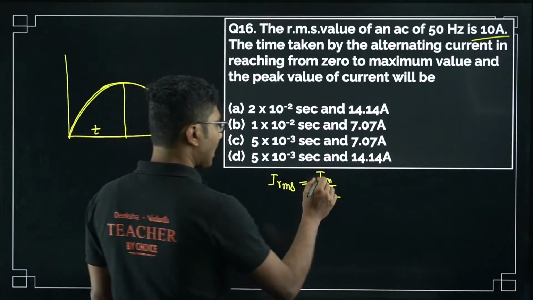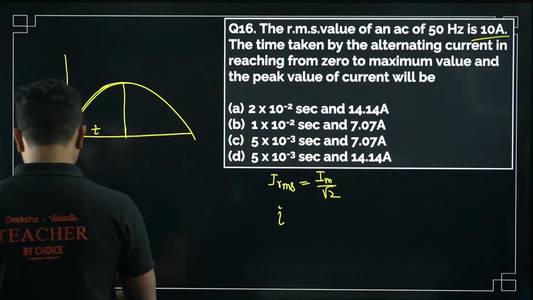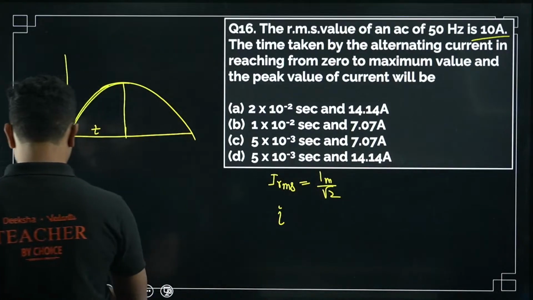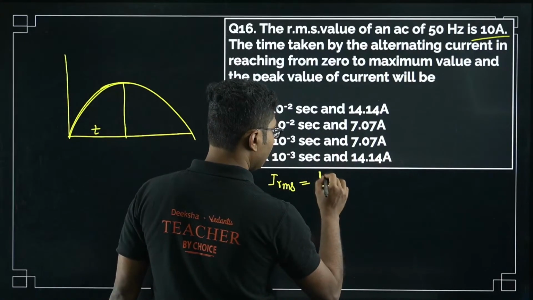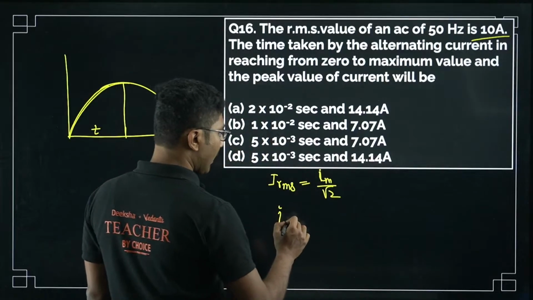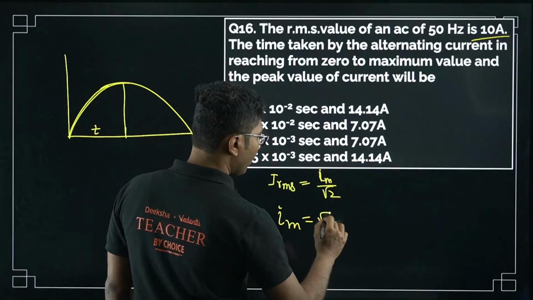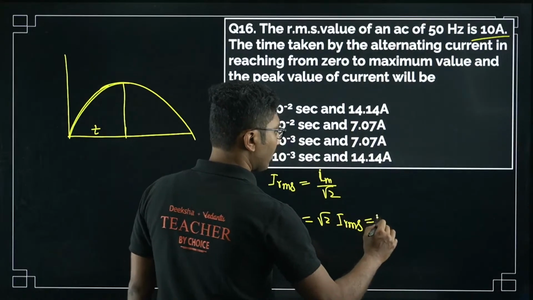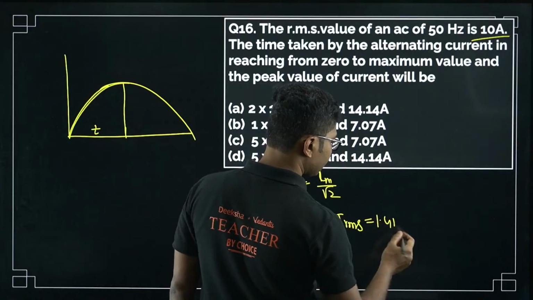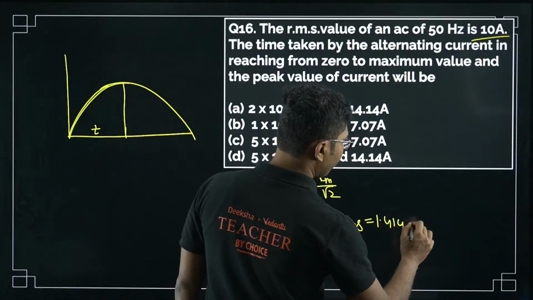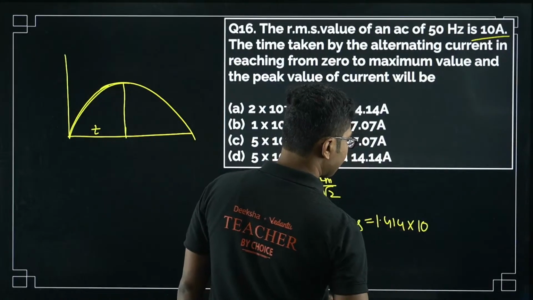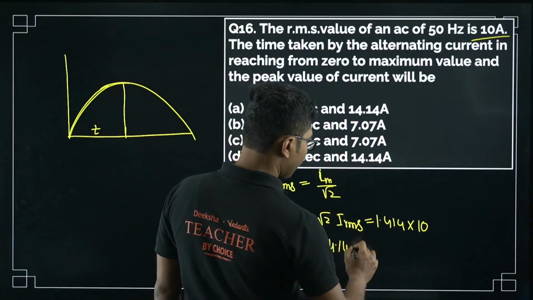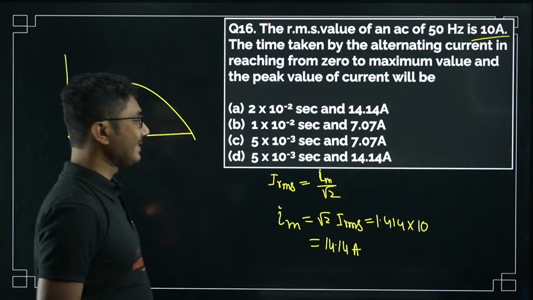So the maximum value, small I m, is root 2 into IRMS. Now root 2 is 1.414, into IRMS, which is given as 10, so it will be 14.14. So 14.14 ampere.